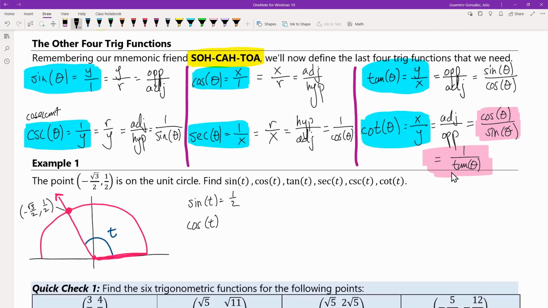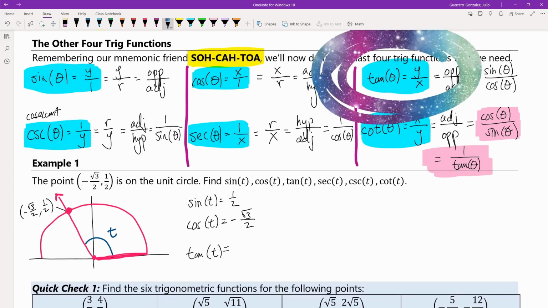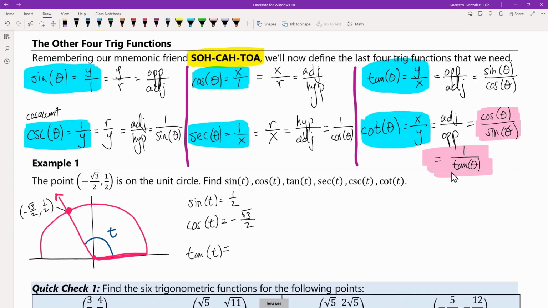Cosine of t, that's supposed to be the x portion, right? Negative √3/2. Tangent of t, this one's the one that we haven't been working too much with, right? According to my definition from up here, that should be y divided by x, right? So it should be my y, 1/2, divided by my x, minus √3/2.